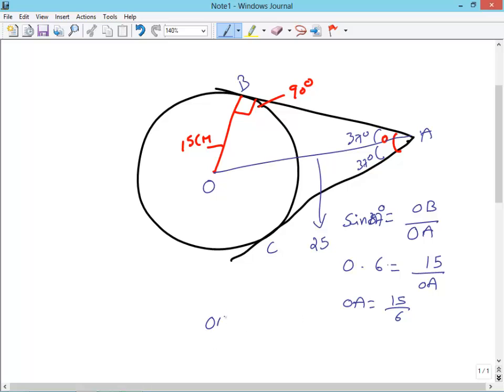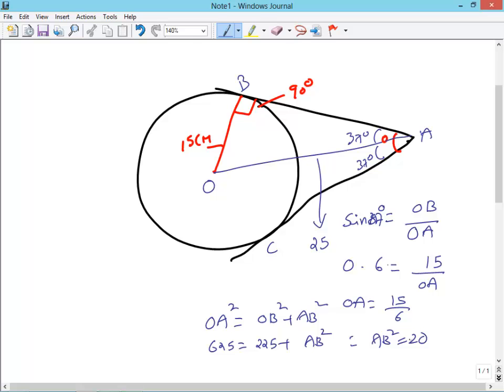OA square is equal to OB square plus AB square. OA square is 25 square, that is 625, equal to OB square, which is 225, plus AB square. Then AB square you can find as 400, so AB is 20. So now the length of the tangent is 20.